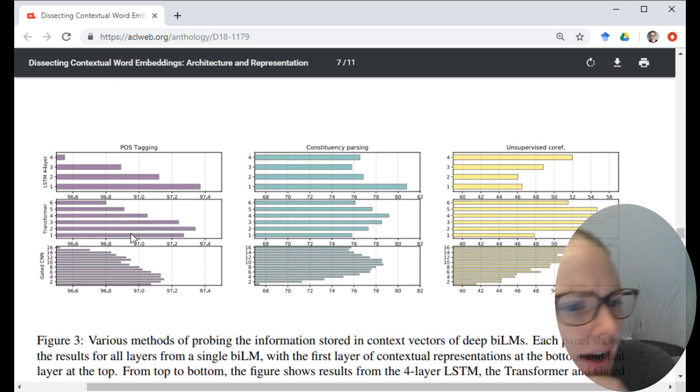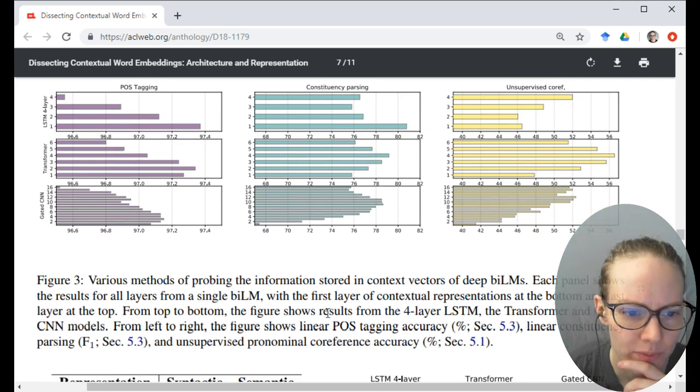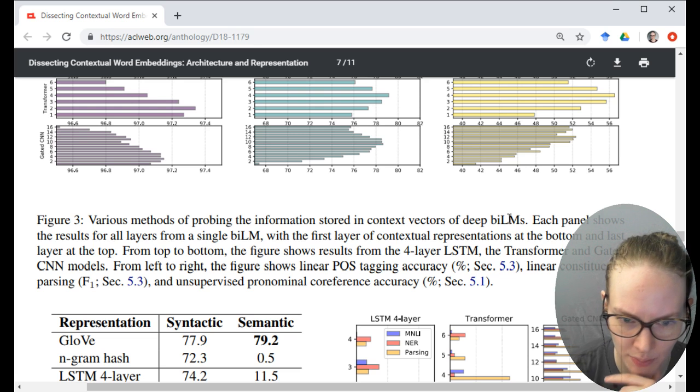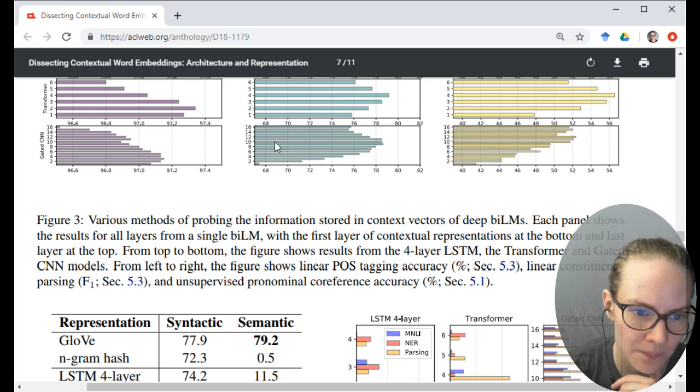Interesting. So these are various methods of probing the information stored in context vectors of deep BILMs. Each panel shows results for all layers from a single BILM, with the first layer of contextual representations at the bottom and the last layer at the top. So here would be the input and here would be the output, and we're moving through the neural network this way.